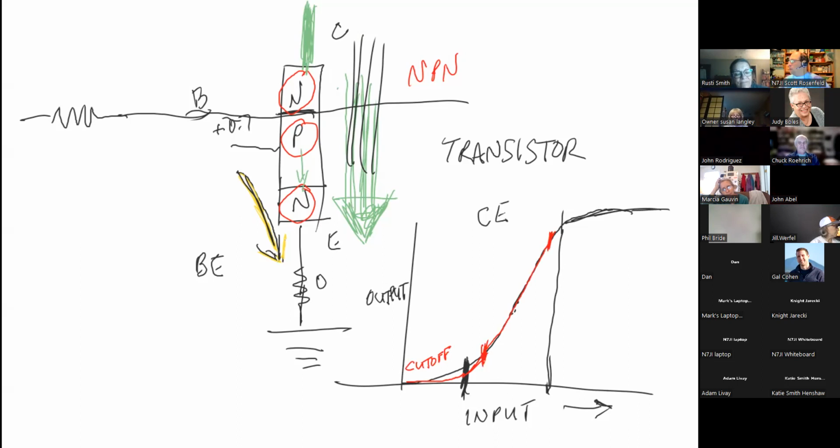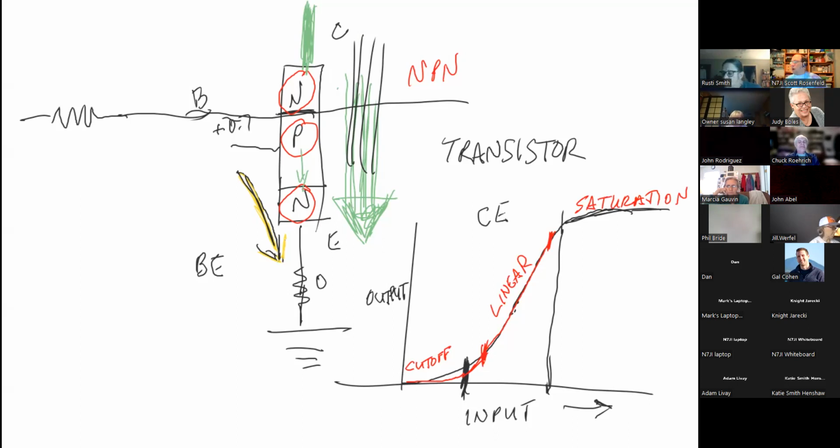Increase. Yeah, but what does it look like? It's almost a perfectly straight what? Linear. Yep. That would be known as the linear region. And over here would be called saturation. In other words, no matter how much more we put in, we don't get any more output.